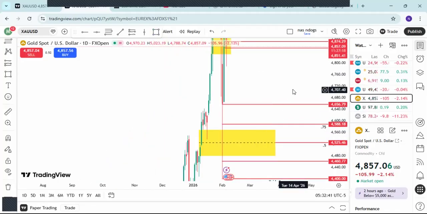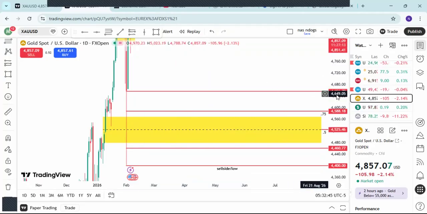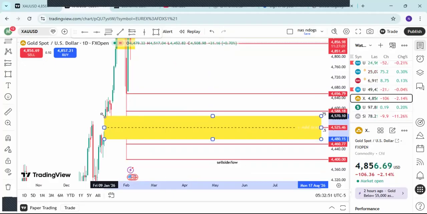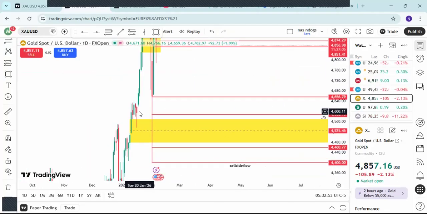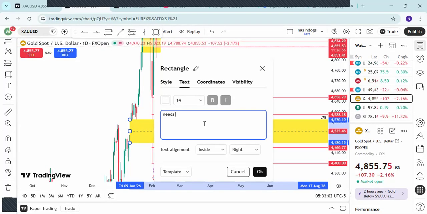In this range, in here, we'd love to see bodies. Fill the space, needs bodies. Let's write that. Needs candlestick bodies.